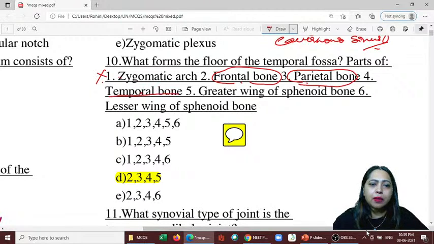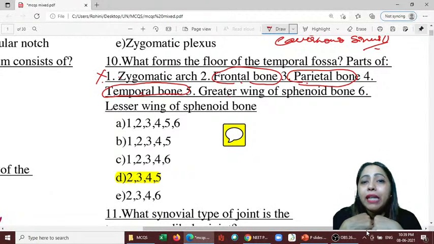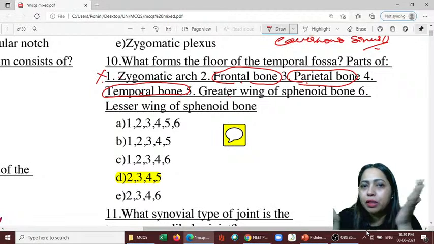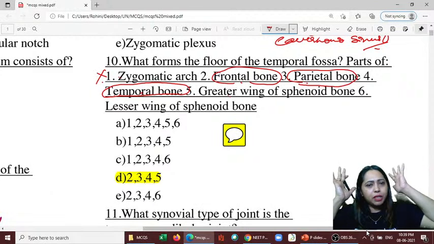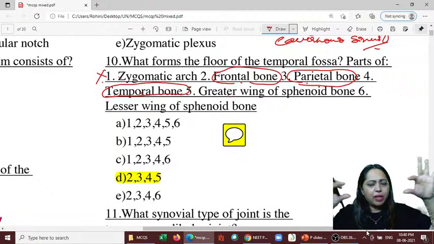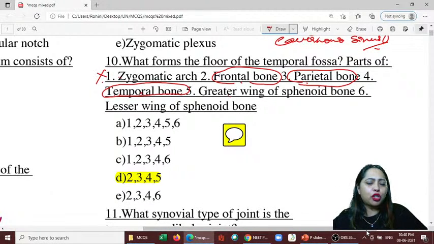So, yes. And we always have confusion with the sphenoid, whether it is the greater wing or the lesser wing. The one which expands upwards like this as a wing, coming outwards, is the greater wing. The lesser wing is a very small portion, and it is actually known as the jugum sphenoidale. That elevation is known as the jugum sphenoidale, and that is it.